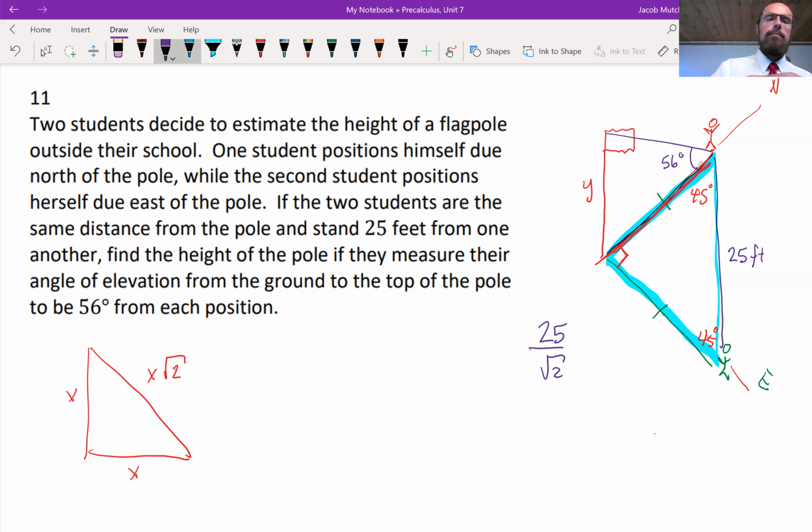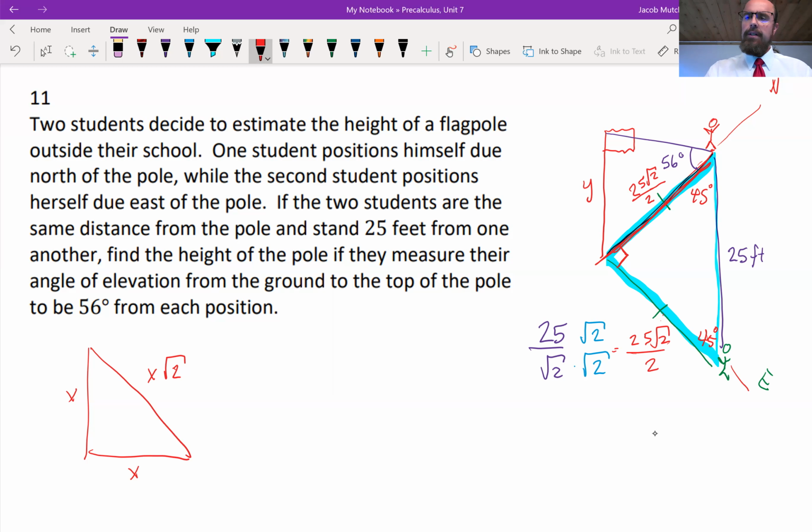Remember, I can't divide by an irrational number, so I need to rationalize the denominator. And so this length here, and we'll put it in red because it's matching that upper triangle, is going to be 25 square root of 2 divided by 2. I'll put that measurement here. So again, this is, in a way, a vertical invisible wall triangle now. So now I'm on this upper triangle, and I'm really ready to set up a trig ratio.